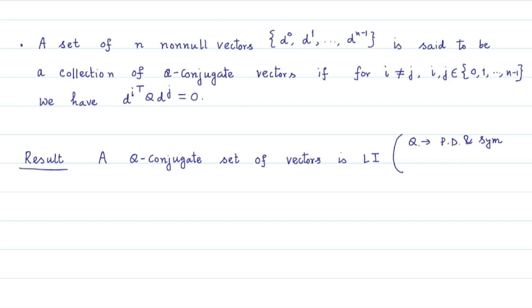To prove the result, we assume that this matrix Q is of order n by n. Let us start with a given set d_0, d_1, d_2 till d_p, which is known to be Q conjugate directions.